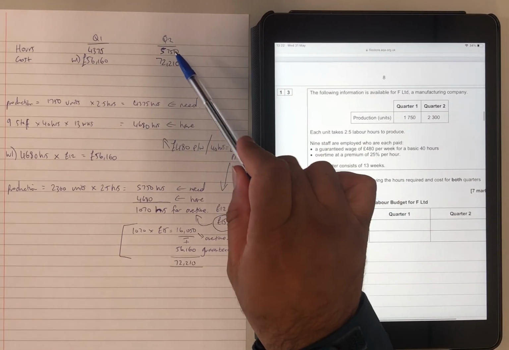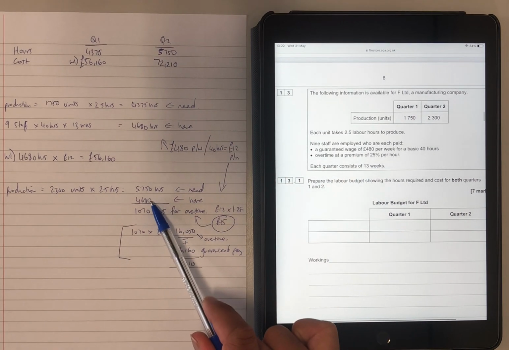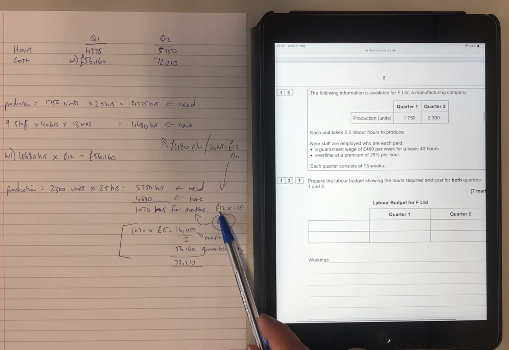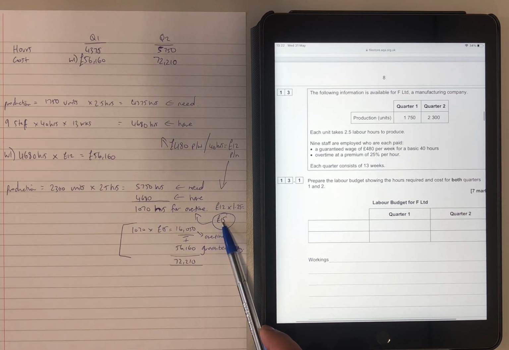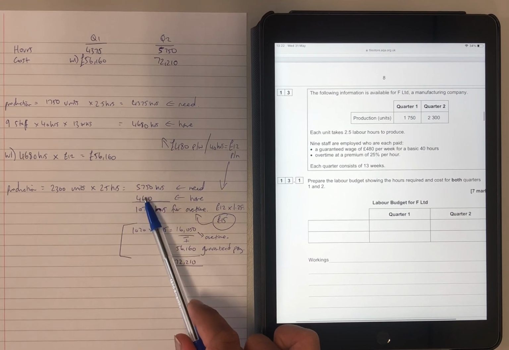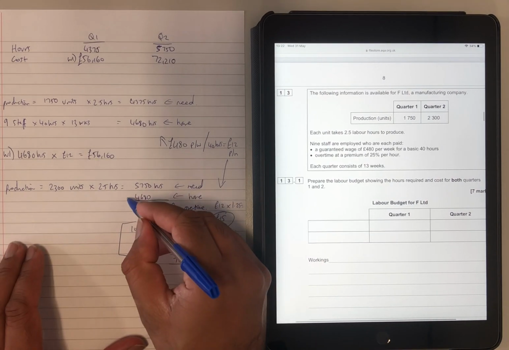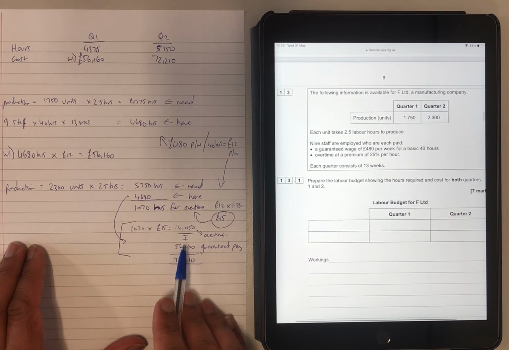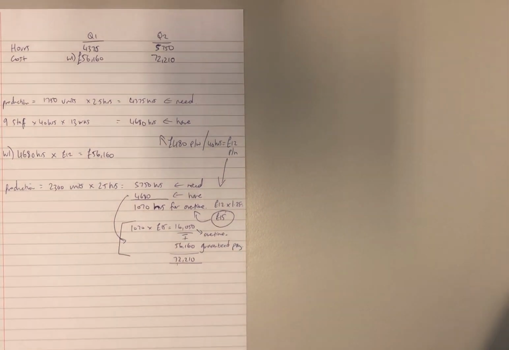For quarter two, we need more hours, but we only have 4680, so the difference is paid as overtime. The 1070 hours we pay at £15 an hour, but the 4680 we pay at £12 an hour. The guaranteed pay is 56, the overtime is 16. We add them together and we get 72210.